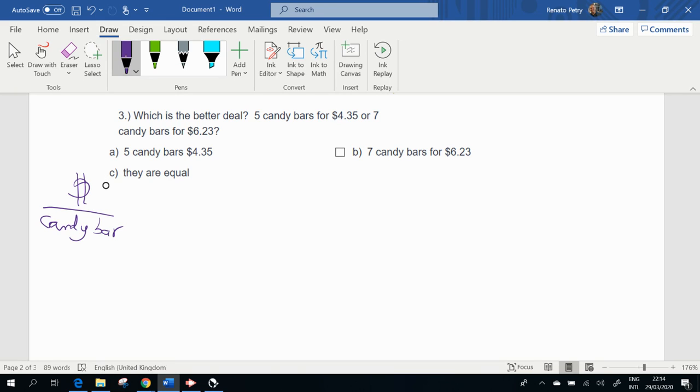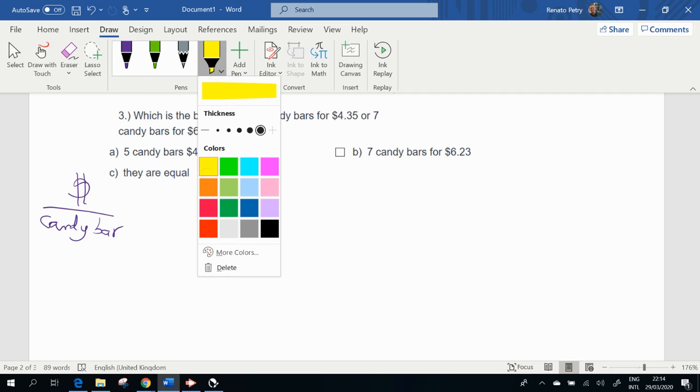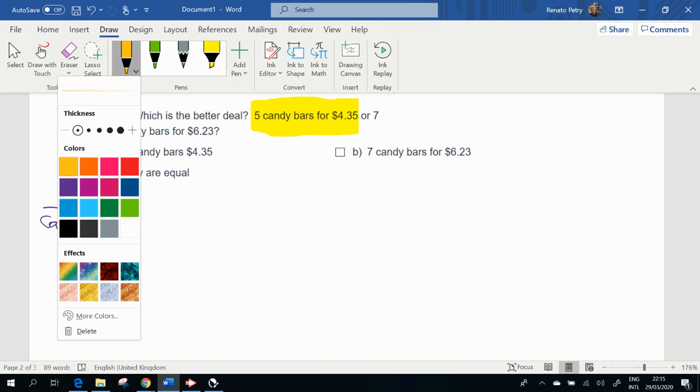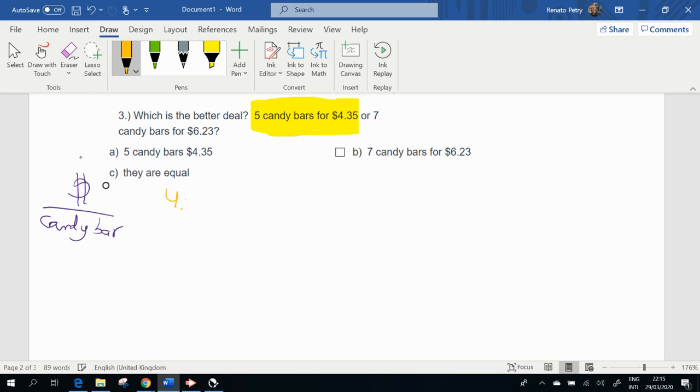Then I go for deal number one. I'm going to put it here, deal number one in yellow. 5 candy bars for $4.35. So I'm going to write this in yellow here. I don't have yellow, so I'm going to use this one. So it's going to be 4.35 divided by 5.